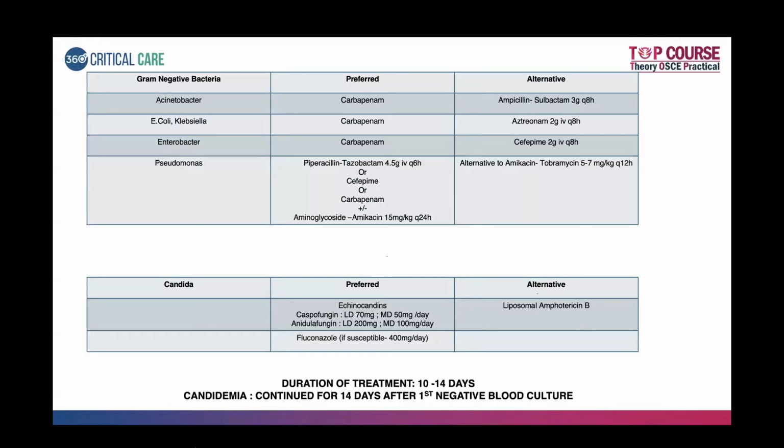Or, like I said, the two scenarios where azole therapy can be used is if there is no prior exposure in the last 3 months, or your ICU does not have prevalence of Candida krusei or glabrata. So the duration of treatment is usually 10 to 14 days, and for candidemia, it needs to be continued for 14 days after the first negative blood culture.